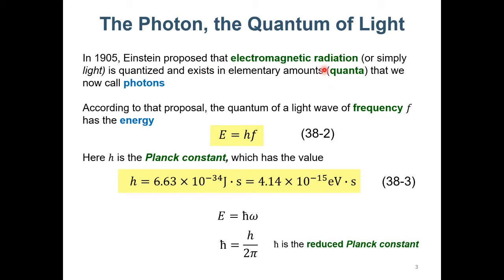proposed the term quanta at that time. There was no photon yet. They did not call it photon yet. At that time, Einstein called it a quanta, because as you know in chapter 33, we know that light is an EM wave. So of course, light is a wave. But whenever we consider light as a wave, it cannot solve every problem.